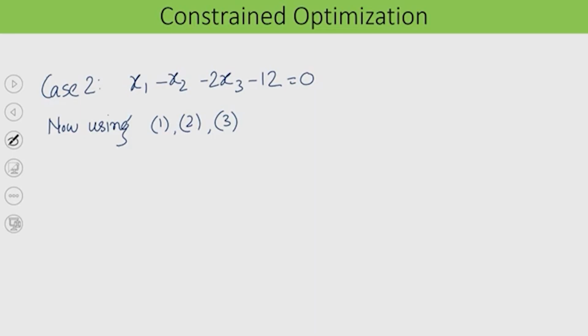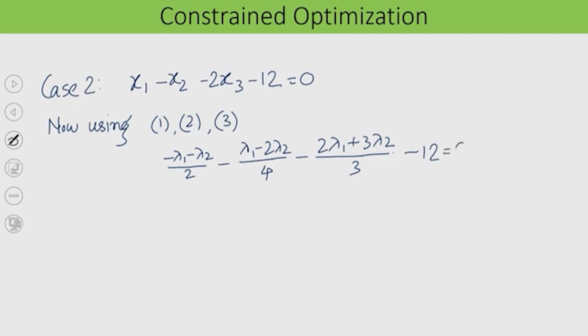So, from equation 1, I am getting x1 equal to minus lambda 1 minus lambda 2 by 2, then from equation 2 I am getting minus lambda 1 minus twice lambda 2 divided by 4, and from equation 3 I am getting twice lambda 1 plus thrice lambda 2 divided by 3, minus 12 equal to 0.